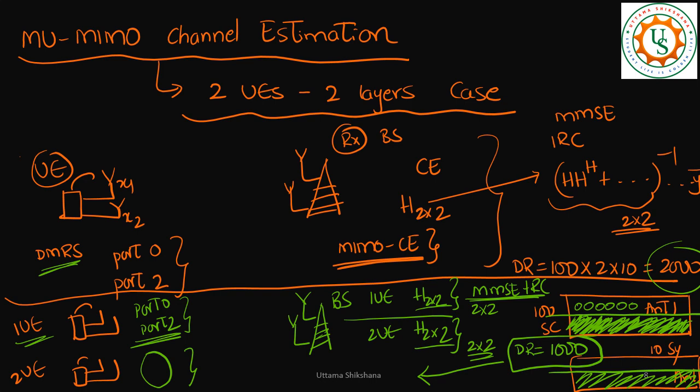So as I was explaining in the previous video related to the 2 UV single layer case, here also if the G node B, or the base station, or the receiver side, sees the entire 2 UV 2 layer concept as one UV 4 layer, then we can allocate the resources on the complete 100 subcarriers across all the antennas and across all the UVs.